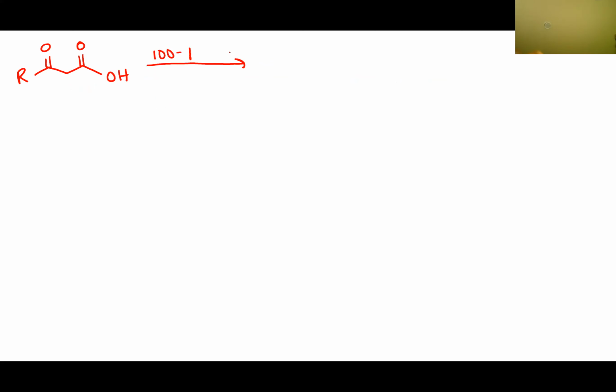It doesn't have to be a super crazy temperature. You're going to end up with a ketone. Here's your alpha carbon, here's your beta carbon, and an equivalent of carbon dioxide, sorry.